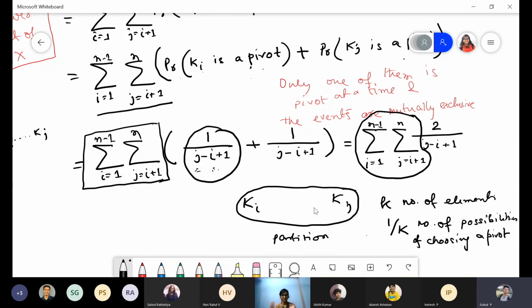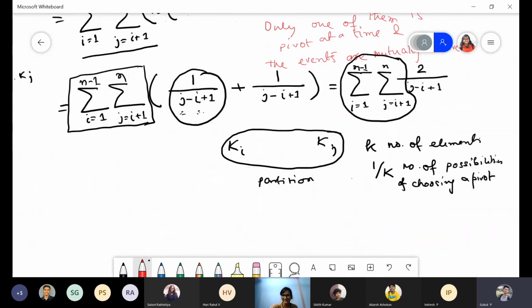Among the elements, how can we choose one element as pivot? Is it okay now? Yes, ma'am. Okay.